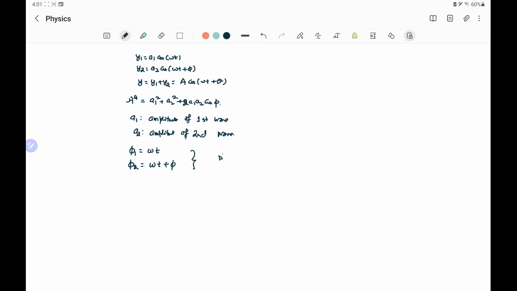The phase difference delta phi equals phi 2 minus phi 1, which is omega t plus phi minus omega t, equal to phi. So this phi is the phase difference between the waves.